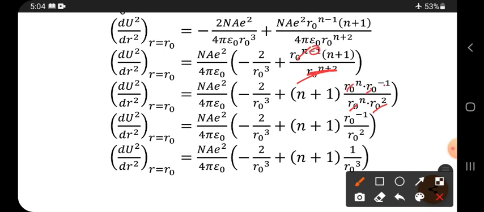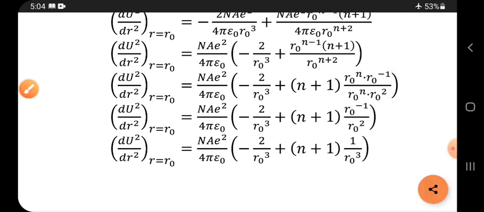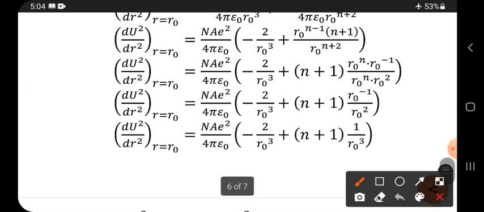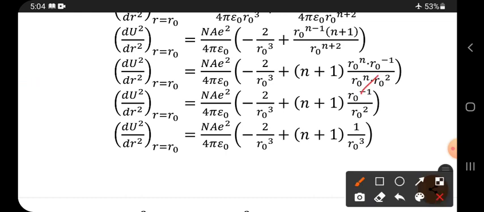The r naught power n and r naught power n get cancelled, then it is r naught power 2, r naught power minus 1, so bring it to the denominator. Minus becomes plus, so 1 plus 2 becomes 3.